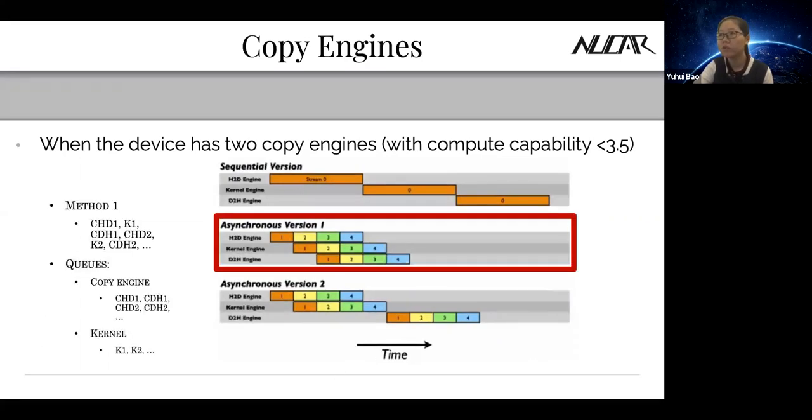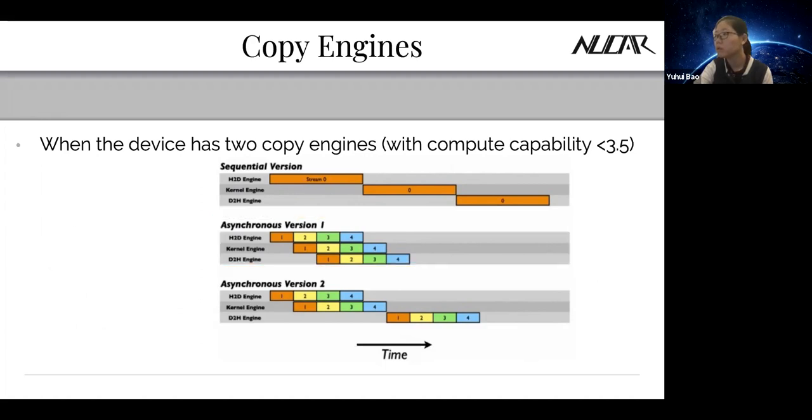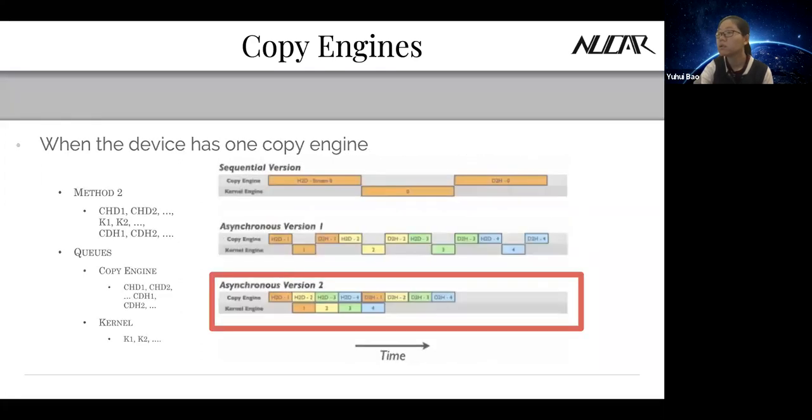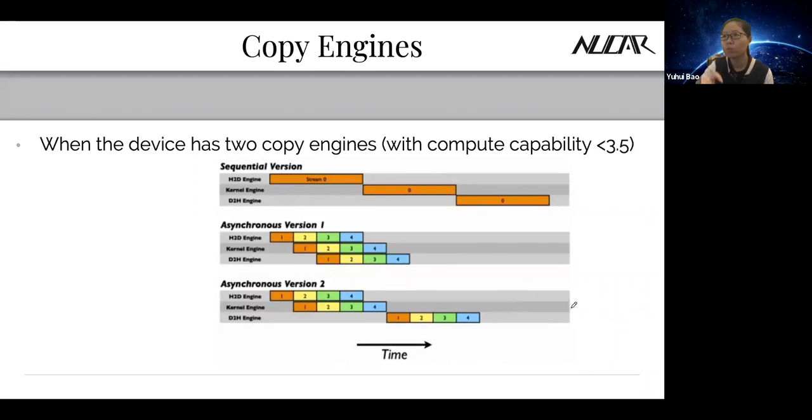What we have talked about is for the device under 3.5. See here. So what we have seen is for the device which only has one copy engine.